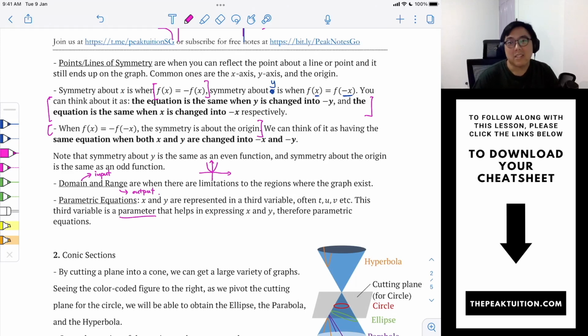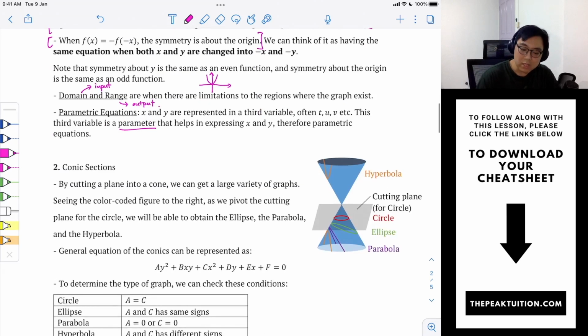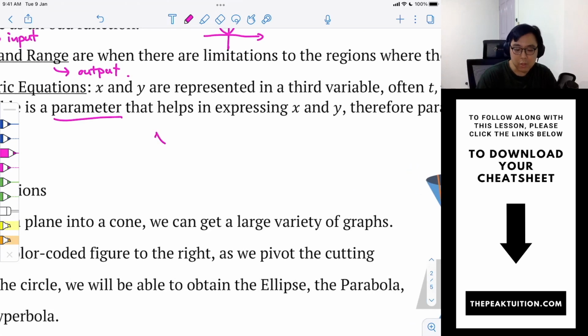Anyways, this type of parametric equation is usually solved using GCs, your graphic calculator, or you can just substitute. So for example, we can do a parametric equation that looks like this: x equals t squared, y equals t to the power of 4 minus 2t squared, and we can just substitute the t squared in this case. This is a very simple example.